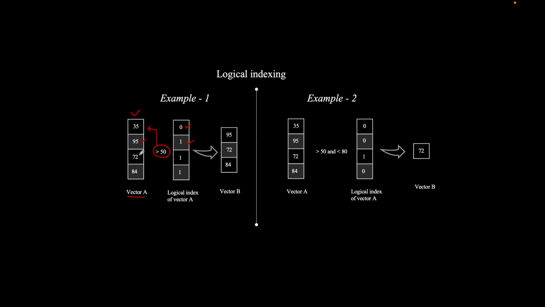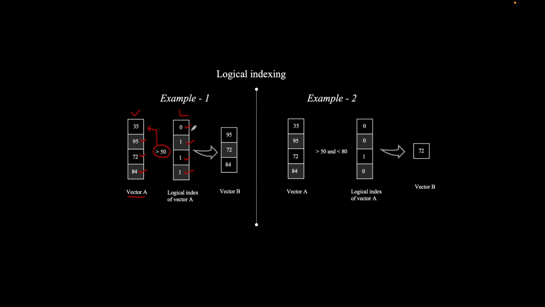Then 72 greater than 50 is 1, and 84 greater than 50 is also 1. Now you have this array of 1s and 0s, and this is called a logical array. Based on the elements, we are getting this logical array, and because of that, it is called a logical index based vector.